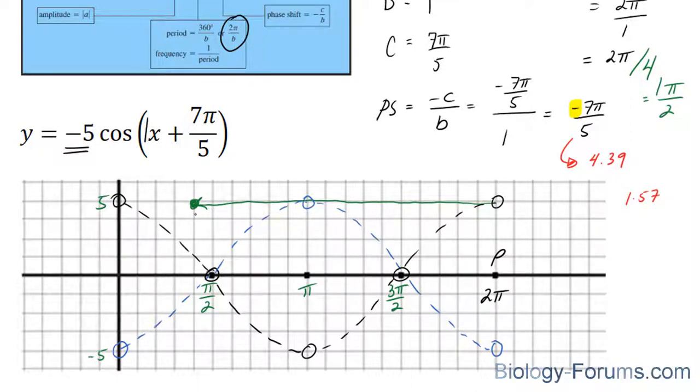And I'll do my best. Sorry, I think we were using the blue. The blue is what represents the shift, so this point right here would be over here. And this point would be way, way past the viewpoint. So it would be somewhere here.